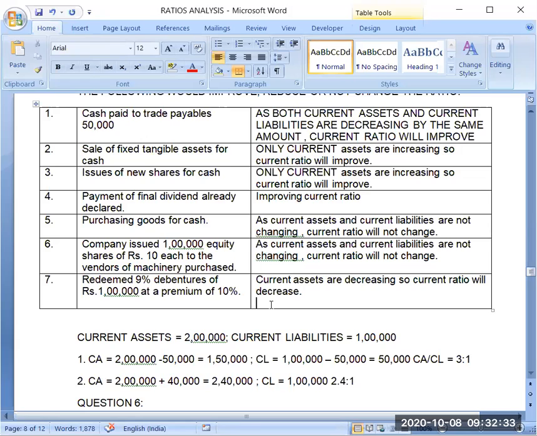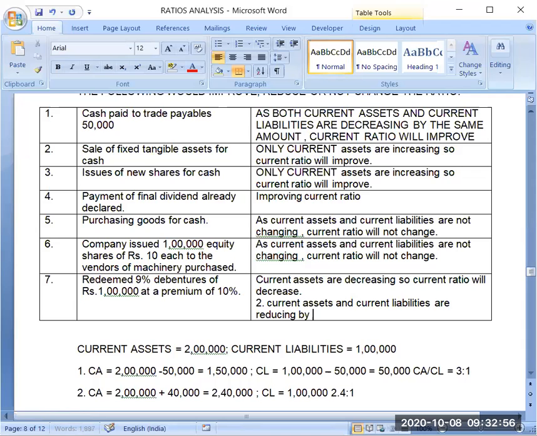So the second answer is that complete current assets and current liabilities are reducing by the same amount, so the current ratio will improve.